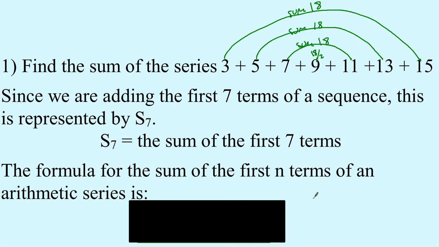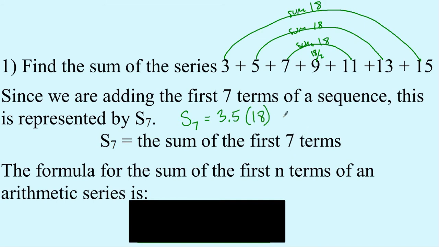So here we have 3.5 18s. So we can write that as the sum, so it's a capital S, and then a subscript of 7. Sum of the first 7 terms would be, well, 3.5 times 18.